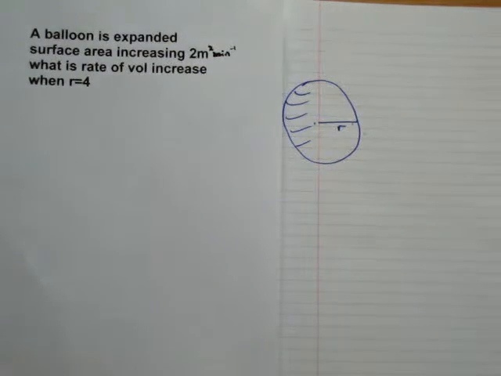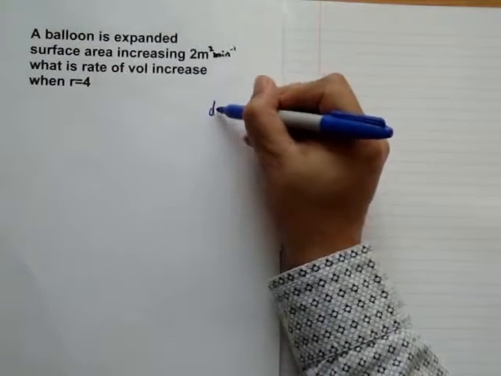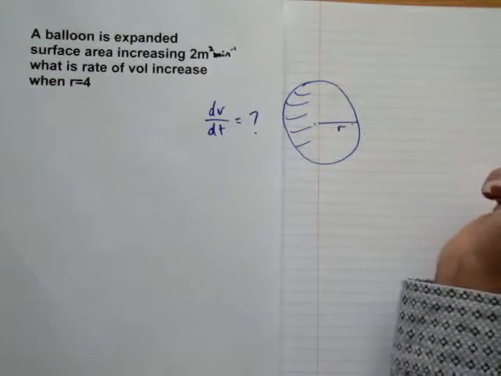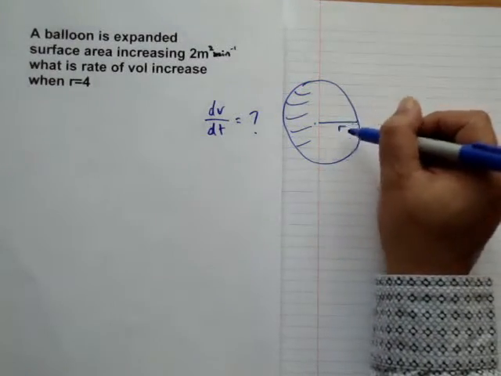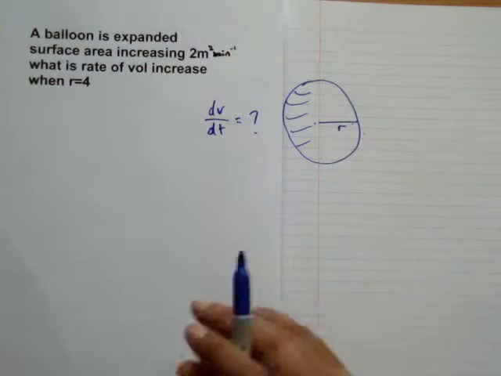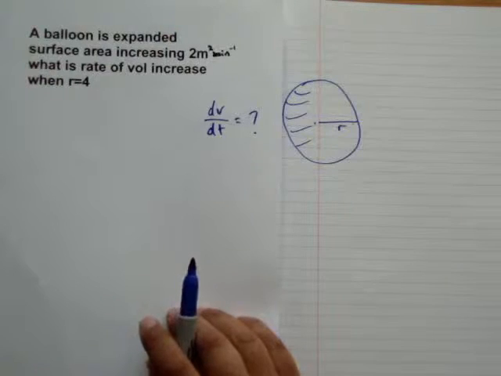Now in this case we need to find out the rate of volume increase, but we're not given dr by dt, how fast the radius is increasing, which makes it a little bit more complicated, but let's give it a shot.